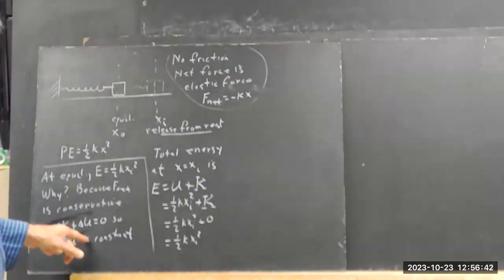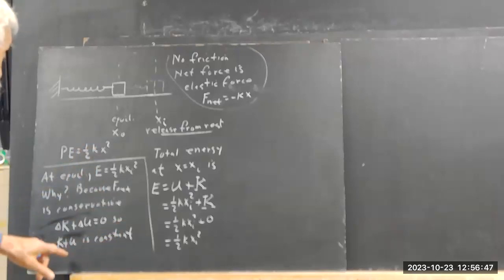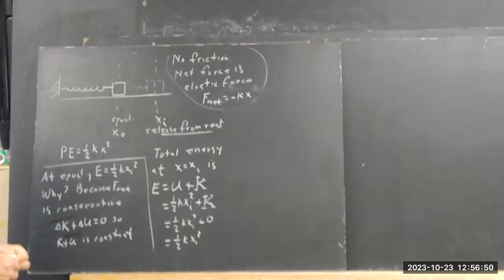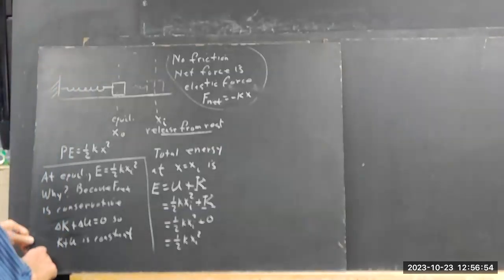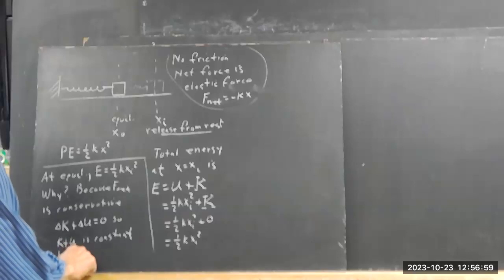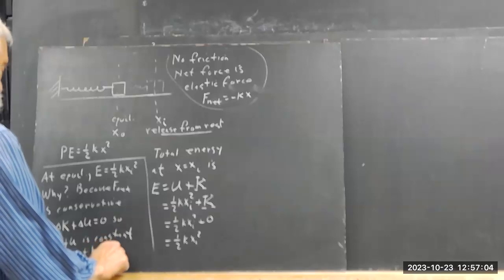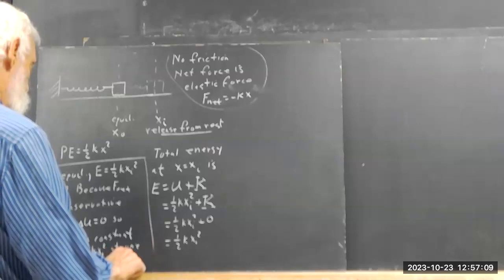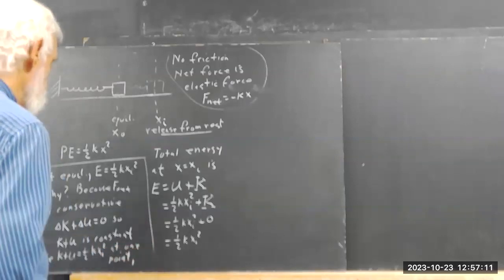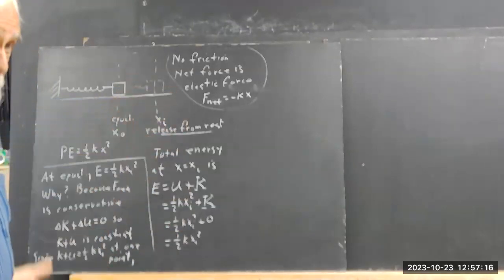Change in K plus a change in U, change in kinetic plus a change in potential energy is zero. So that kinetic plus potential energy is constant. Since it's equal to this at one known point, it's equal to that everywhere.